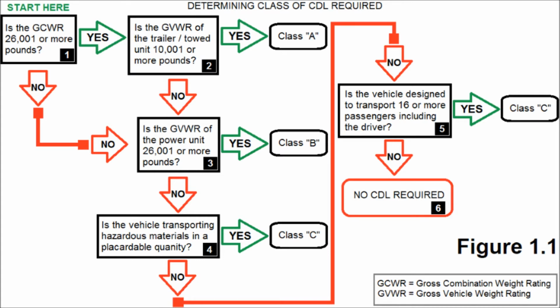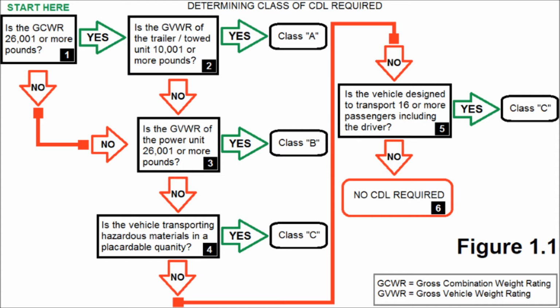If the answer is yes, proceed to the next box, which is box 2. Is the GVWR of the trailer/towed vehicle or unit 10,001 or more pounds? If the answer is yes, then you need a Class A license.